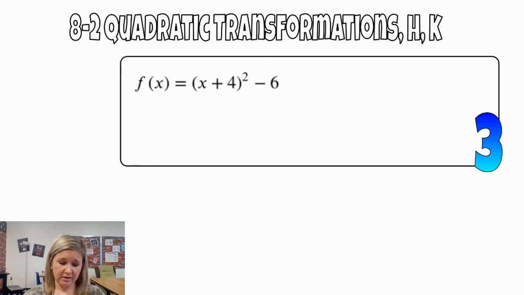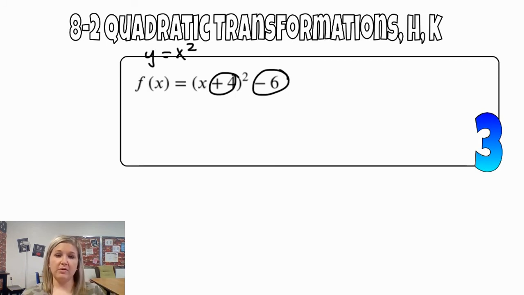And then let's look here. Now we have an equation, and we need to identify the transformations to the quadratic parent function, which is y equals x squared, based on this function. So remember that we have y equals x squared. That's our base. And then we can see that we have this +4 and this -6. The +4 is inside the jail, and so it does things backwards.